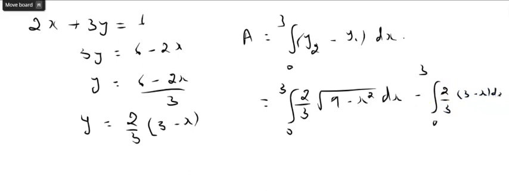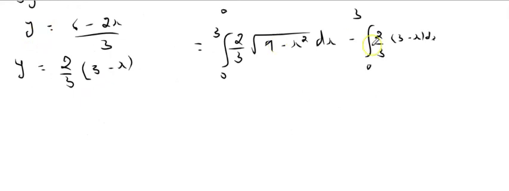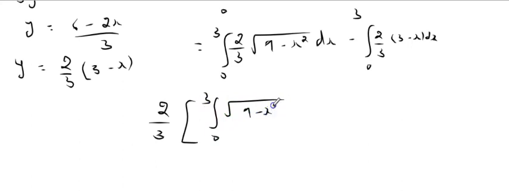Now we can take 2 by 3 as a common factor out, and it is now going to be integration of 0 to 3 root over 9 minus x squared dx minus integration of 0 to 3 of 3 minus x dx.